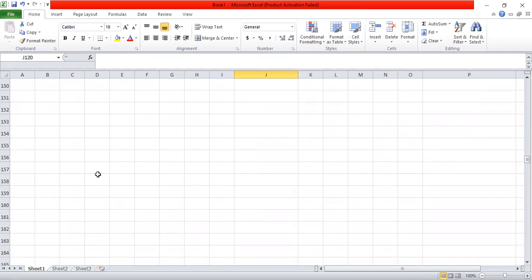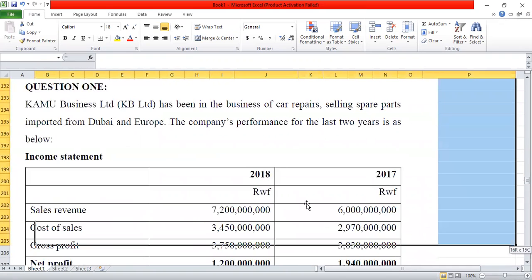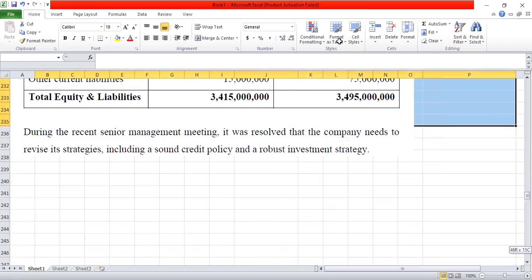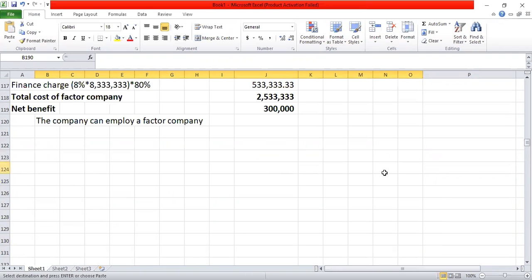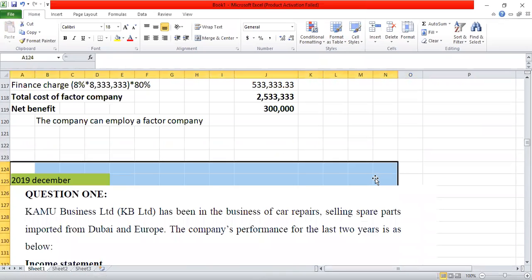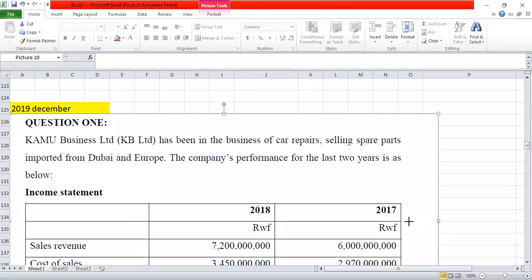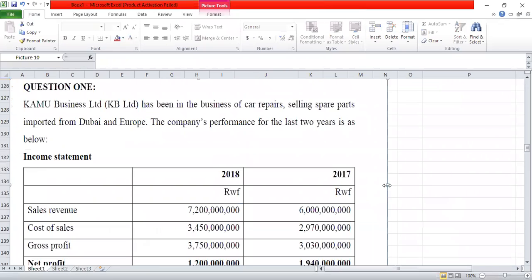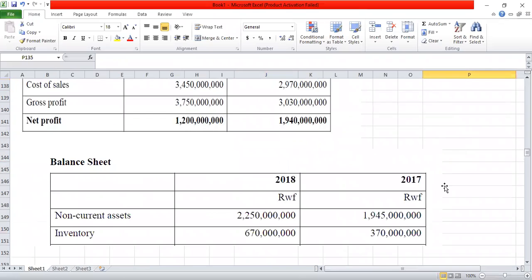I think I can copy. The first question is this one, which is December 2019. We can go through it very fast and see how to handle it, and then we can go to another part. This is the first question. It is in December.